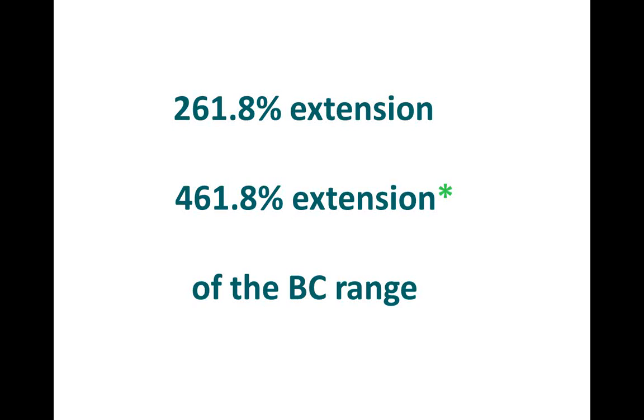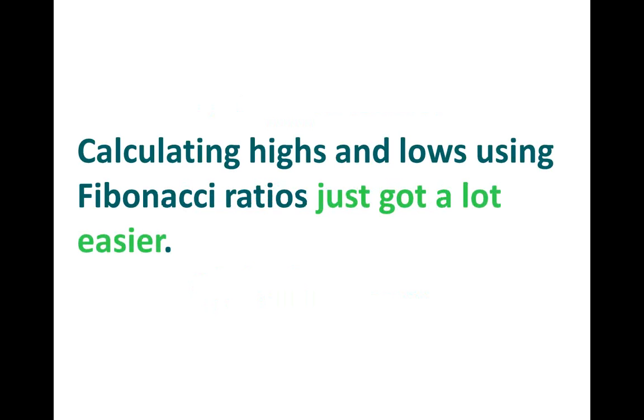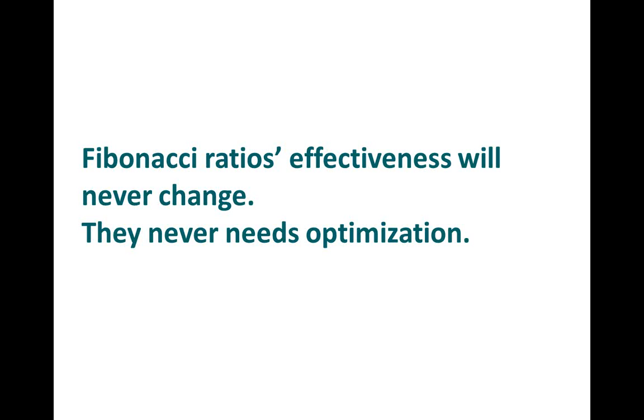Again, nobody uses a 461 extension like I do because it's too far out there, but this is very, very powerful. Okay. So calculating highs and lows using Fibonacci ratios just got a lot easier. Fib ratios' effectiveness will never change and they never need optimization.